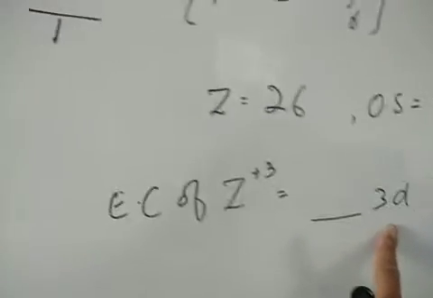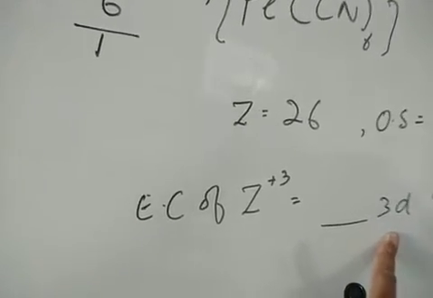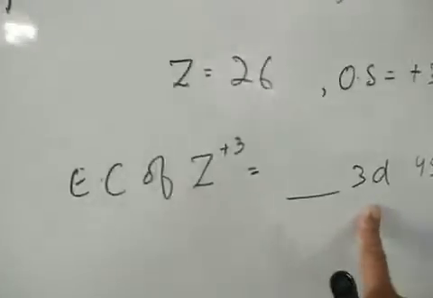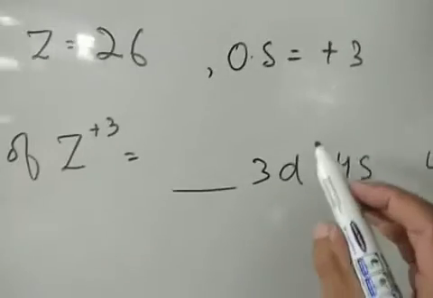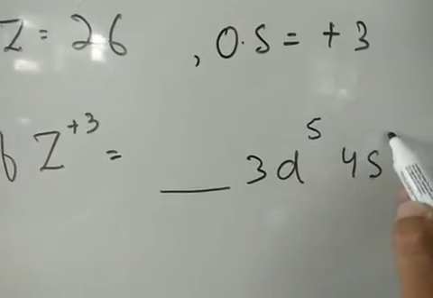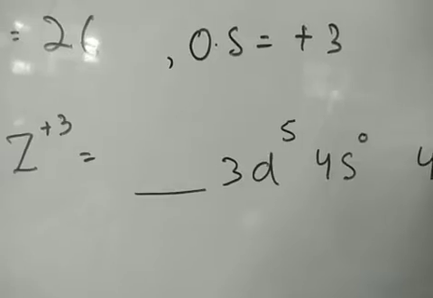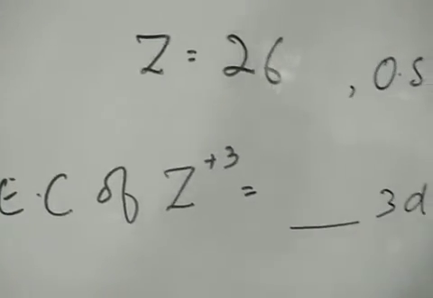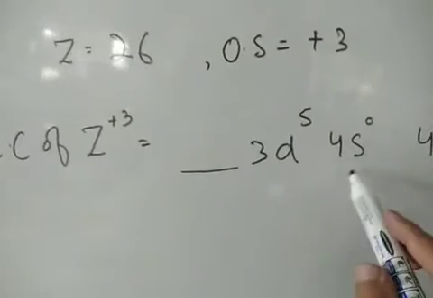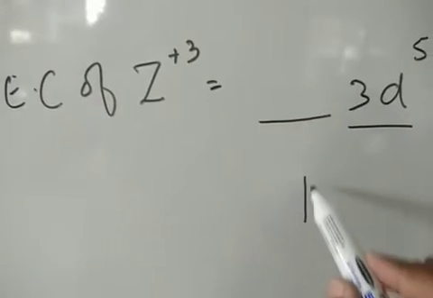So in the 3d orbitals we have 5 electrons. You take out 3, so you will get 5 electrons here. So this will be 0 and that will be 0. Now we need 6 orbitals. So what the central metal ion will do here is that these are 5d orbitals.